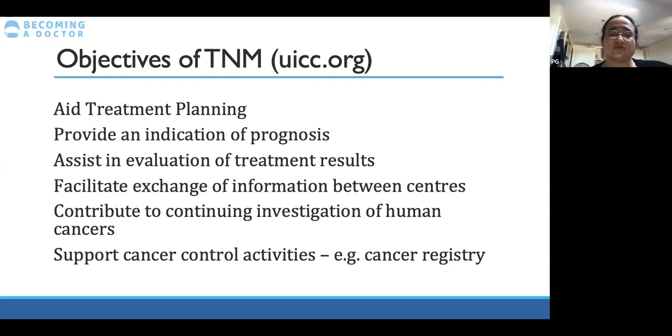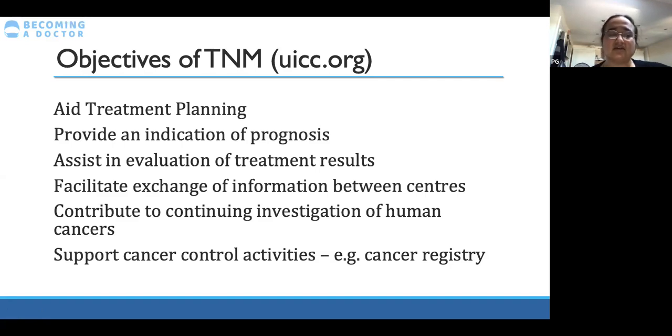And also it contributes to the investigation of human cancers, because obviously we can record the TNM data and link it with molecular and other research aspects.